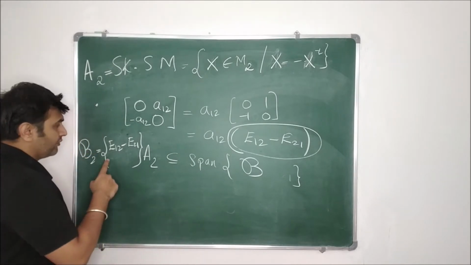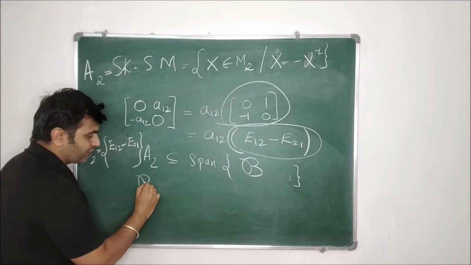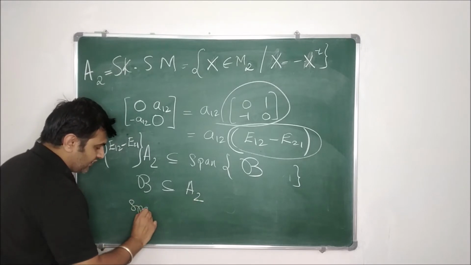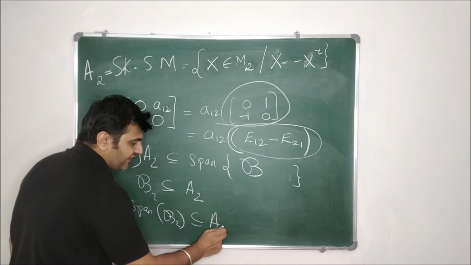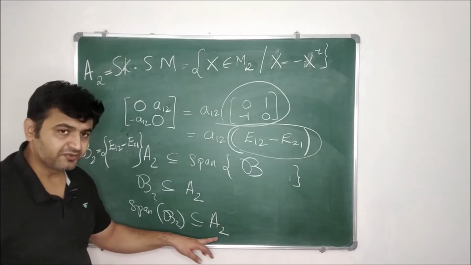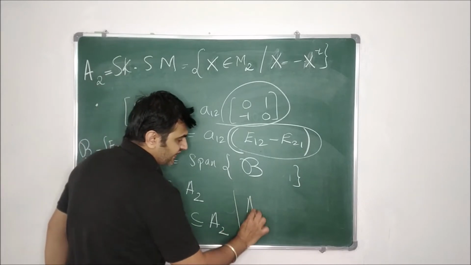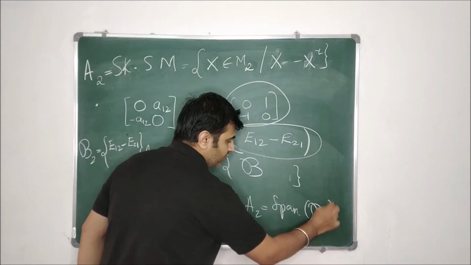Otherwise also true, because this is a skew symmetric matrix, so B2 is a subset of A2. When you take the span on both sides, the span of B2 is a subspace of the span of A2. But since A2 is already a subspace, the span of a subspace is again that subspace. So what we have is A2 is the span of B2.